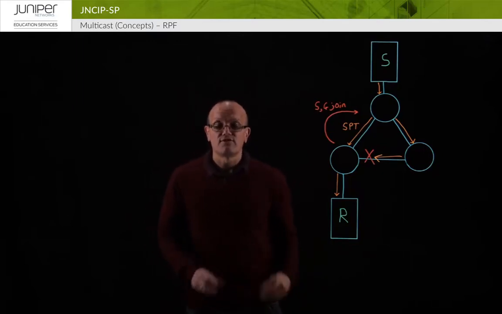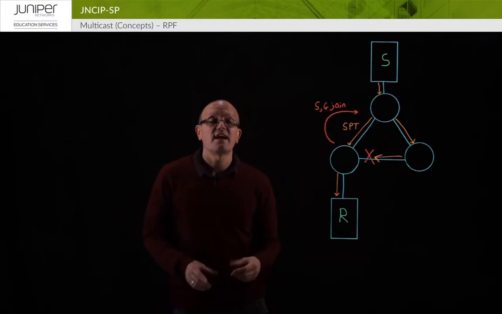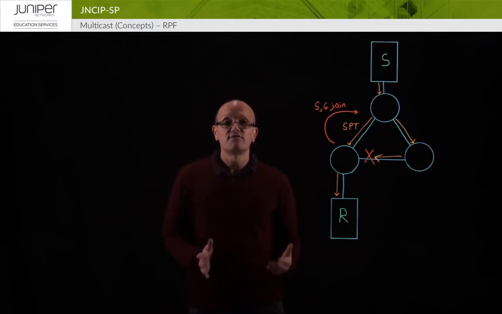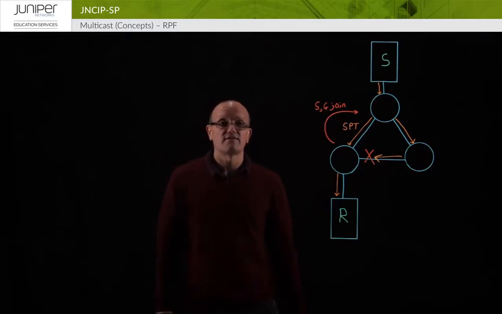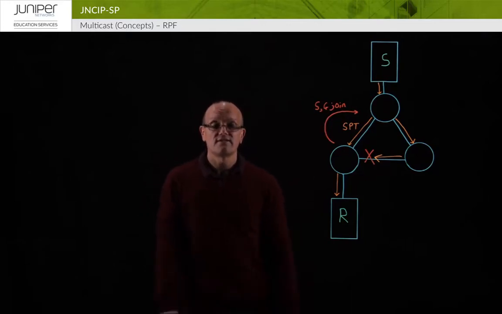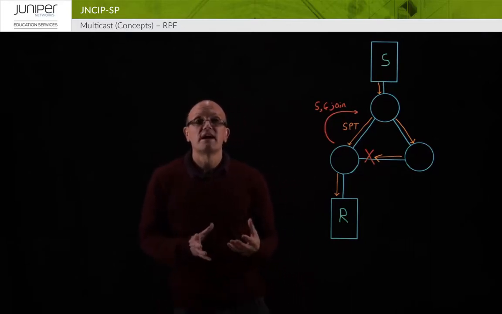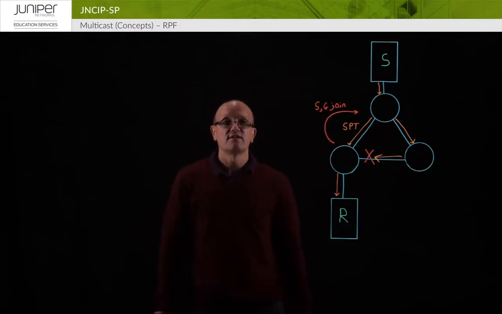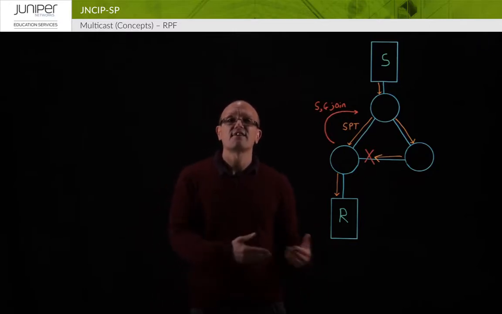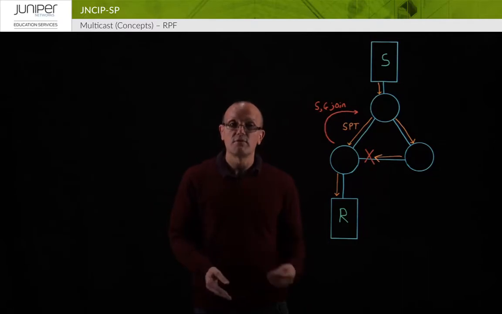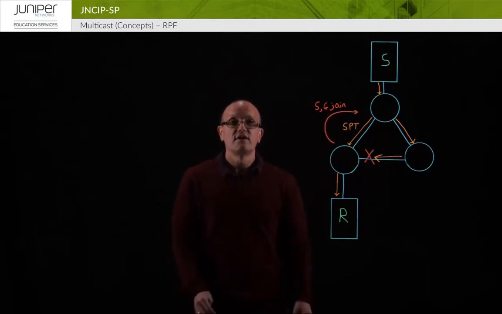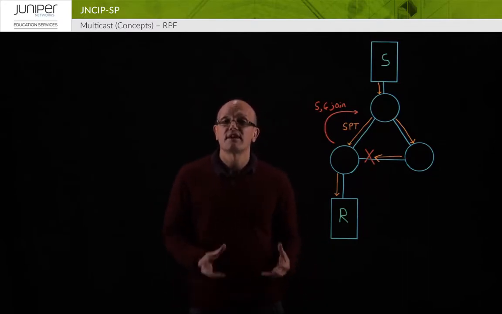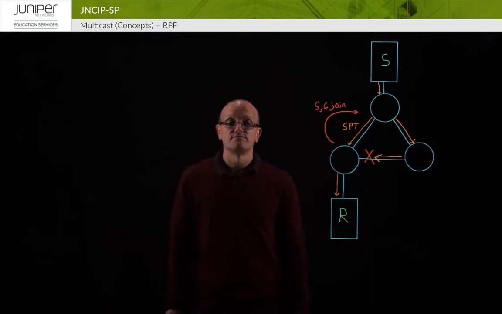In some situations, it might be desirable to maintain a separate forwarding topology for multicast compared to unicast. So in this case, what we need to do to be able to facilitate this is that we need to have a different table dedicated for multicast RPF checks, separate from the standard unicast inet.0 routing table.